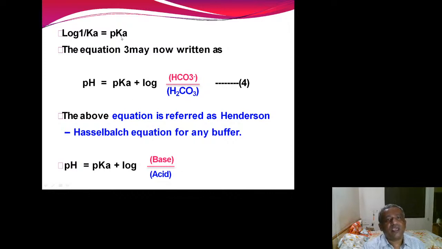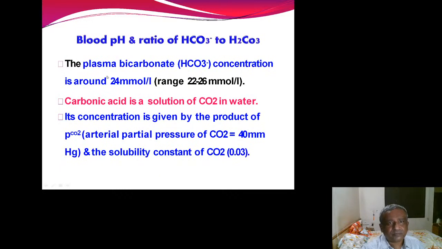Log 1 upon Ka is equal to pK, so the equation may now be written as pH equals pK plus log HCO3 upon H2CO3. The above equation is referred to as the Henderson-Hasselbalch equation for any buffer. So pH is equal to pKa plus log base upon acid.